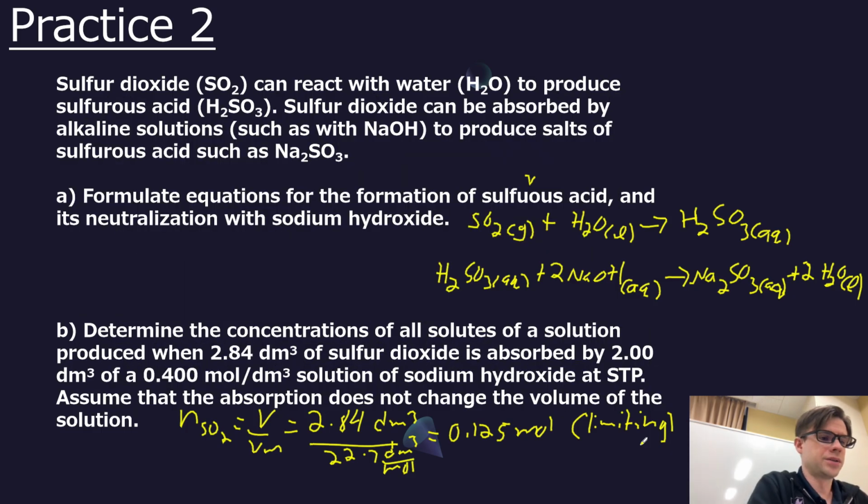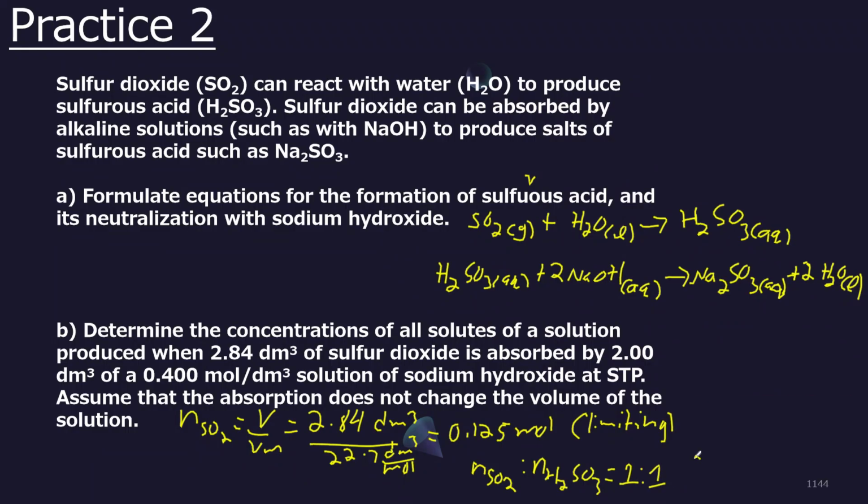So how much H2SO3 can be made? The ratio of SO2 to H2SO3 is 1:1, the nicest of ratios. So we'll make exactly that much. 0.125 mole of H2SO3 is made.